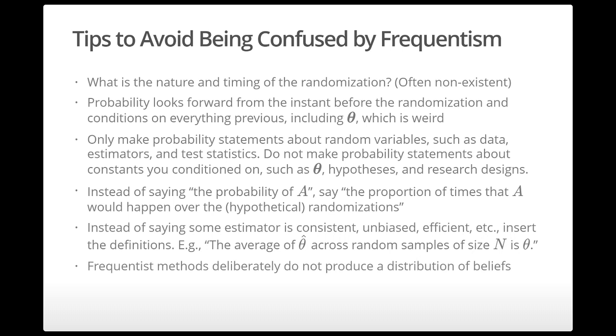Finally, frequentist methods not only do not produce a distribution of beliefs about unknowns, they deliberately don't do that. They were created because they thought a distribution of beliefs was a bad thing. It was an insufficient foundation for science if two different scientists can believe two different things after seeing the same data.